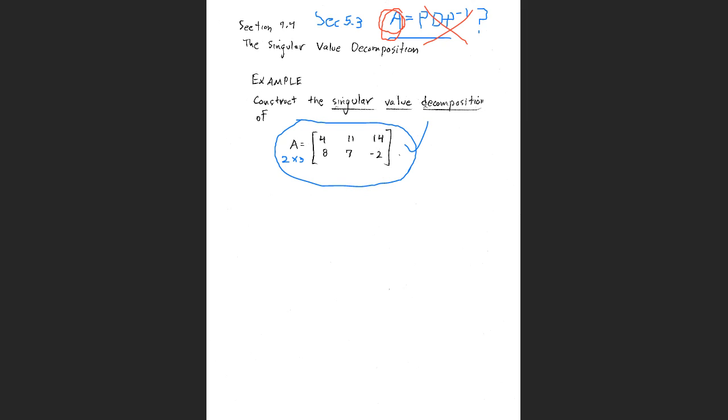And also, you're not going to be able to factor this matrix as P times D times P transpose. Because for that, you would need the matrix A to be what kind of matrix? That factorization is actually from section 7.1.